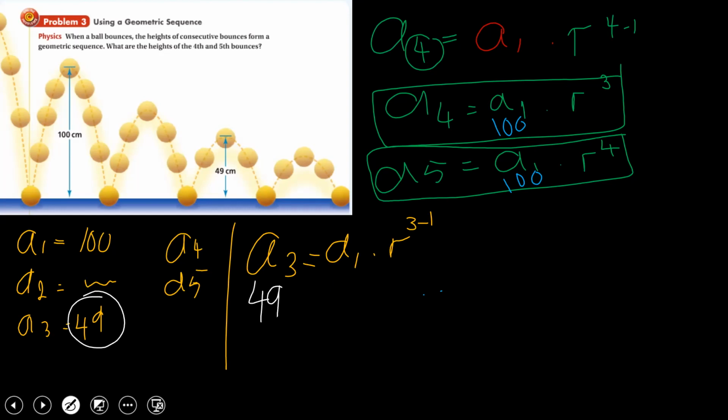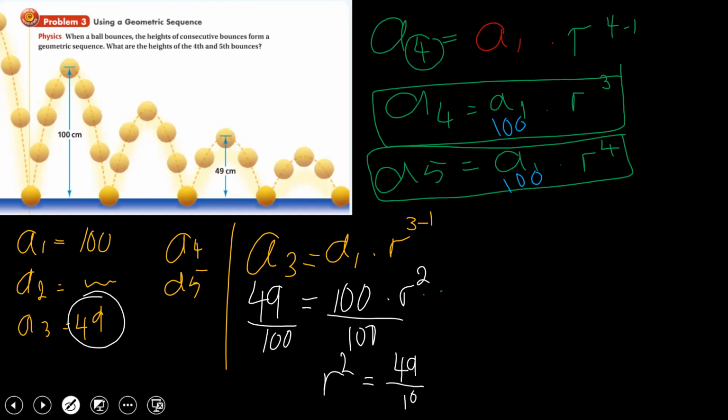It is 49, equal to a sub 1, which is 100, times r squared. Now, 100 is multiplied by r squared, so I will divide by 100 on both sides. So r squared is 49 over 100.